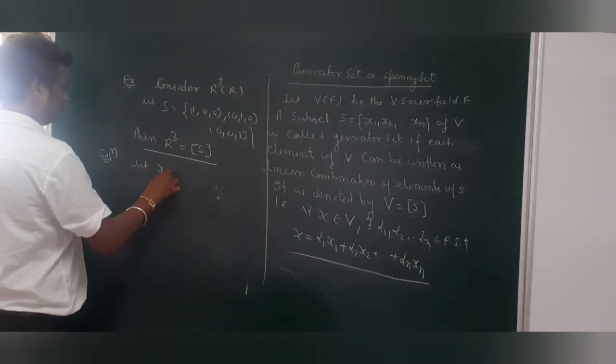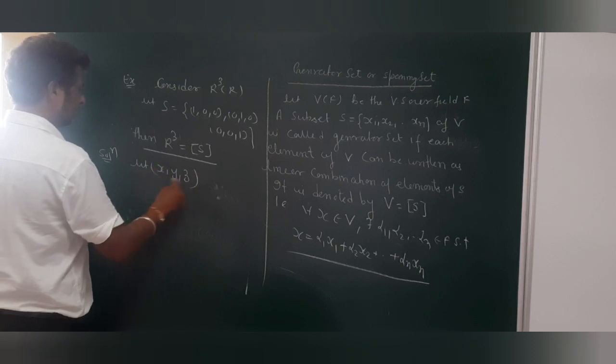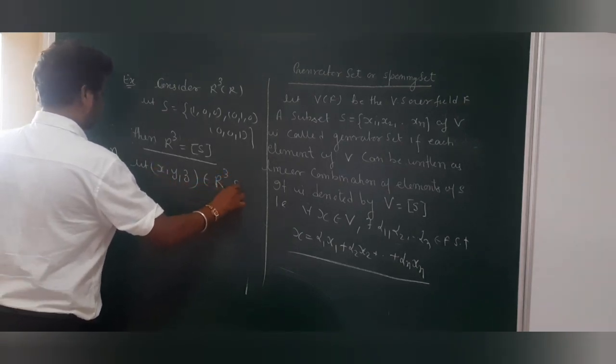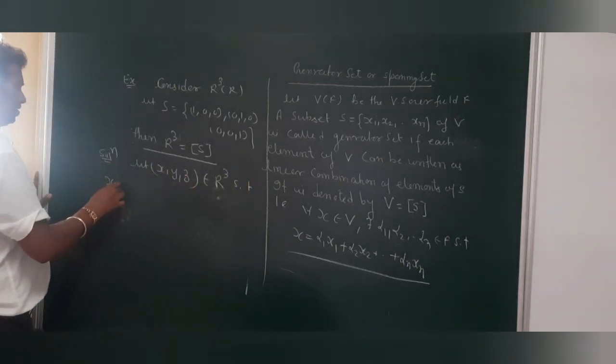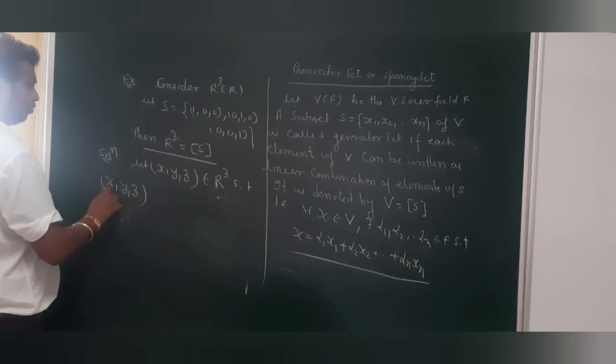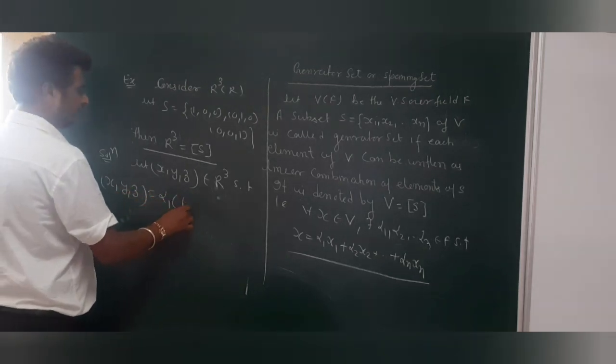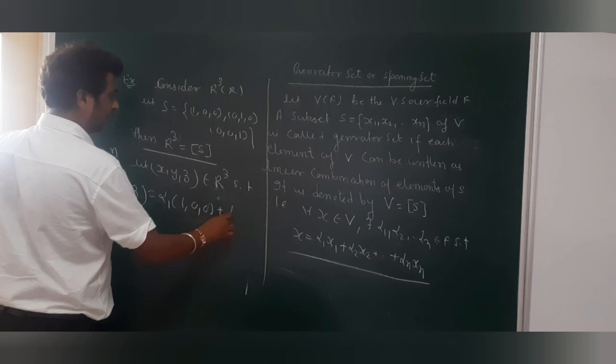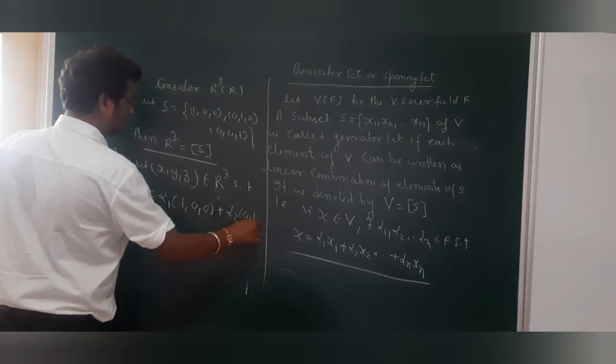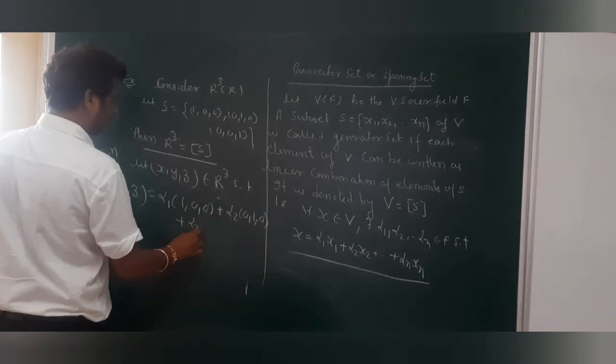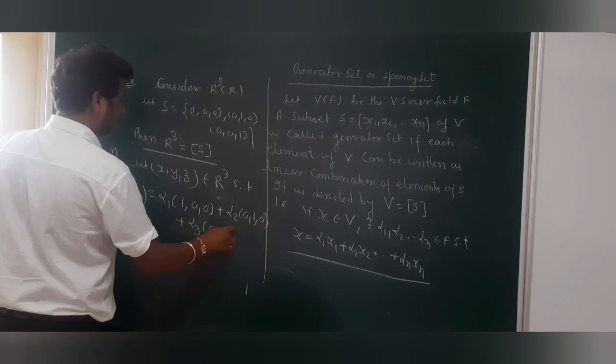Let (x, y, z) belong to R cube such that (x, y, z) is equal to the linear combination alpha 1 (1, 0, 0) plus alpha 2 (0, 1, 0) plus alpha 3 (0, 0, 1).